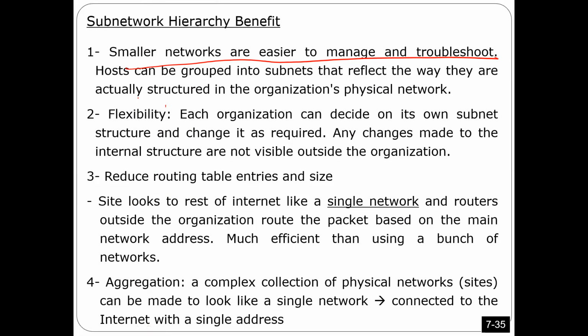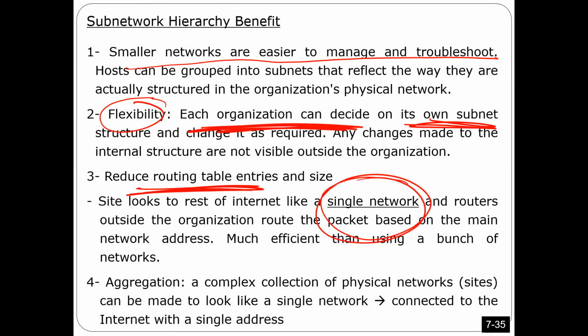Flexibility, very important, because every organization can decide its own subnetwork internal structure. It's up to you. You can decide the structure of your network. You can also reduce the routing table entries because the outside world is going to see you using only one network ID, the network address.